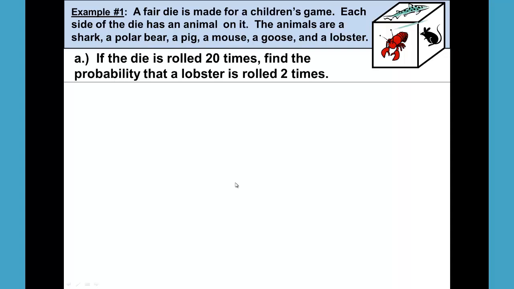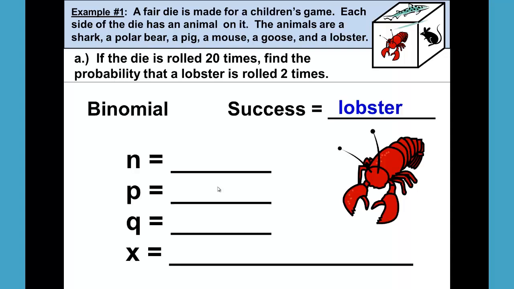So let's look at part A. If the die is rolled 20 times, find the probability that a lobster is rolled 2 times. First, does this problem meet the criteria of a binomial? Yes, there are 2 outcomes. A success is a lobster.